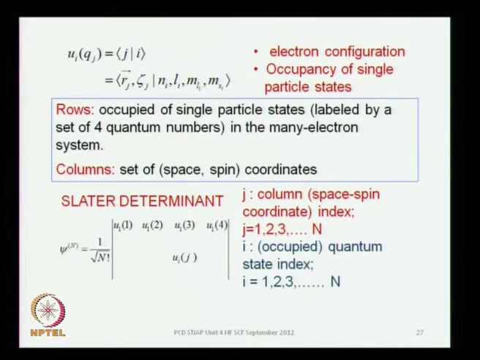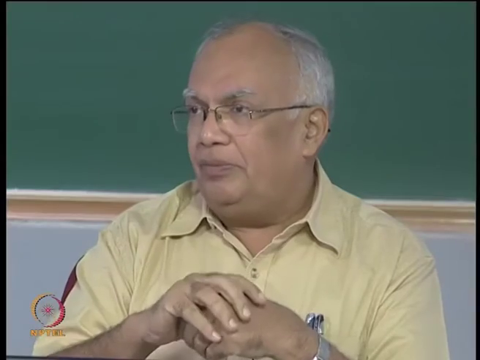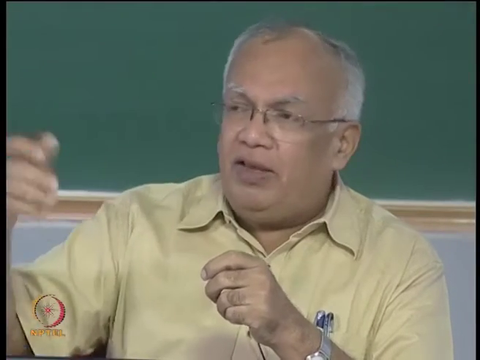So, if you have got a 2 electron system like the helium atom, you can have 2 electrons in the 1s state, one with 1s up and 1s down, but you can also have 1 electron in the 1s and the other in some excited state like 2s, 3s, 4s and so on, right. So, that will give you a different configuration.